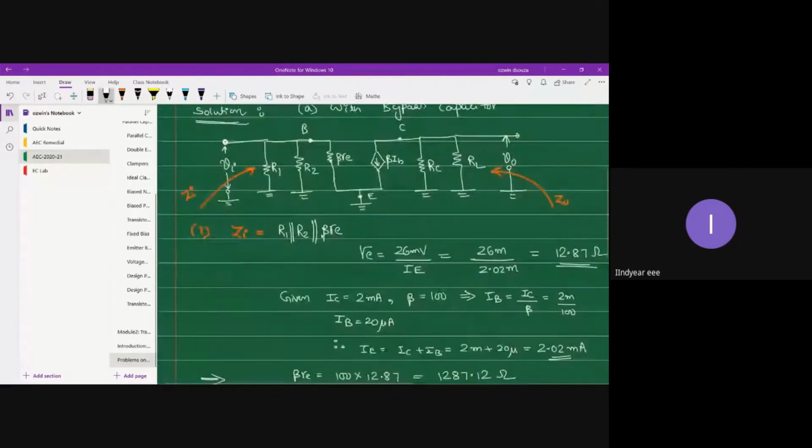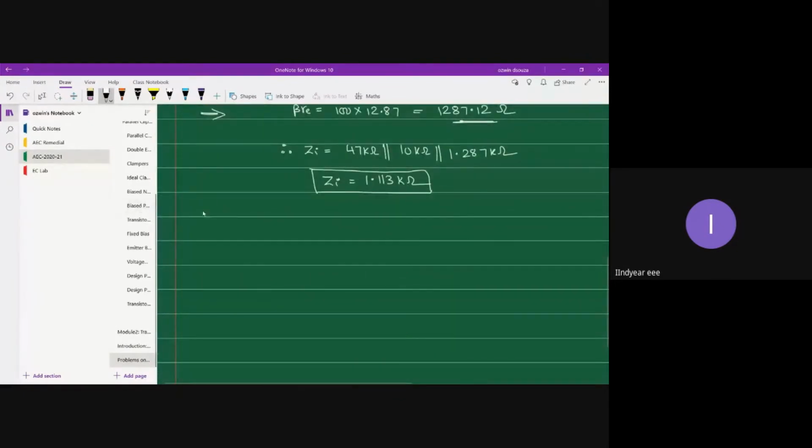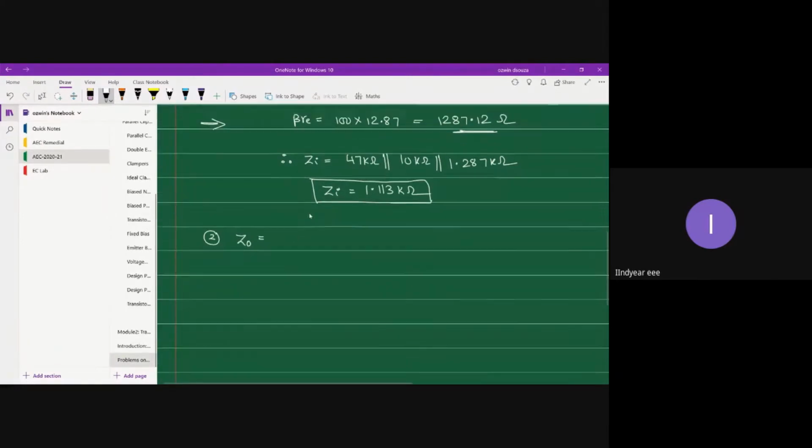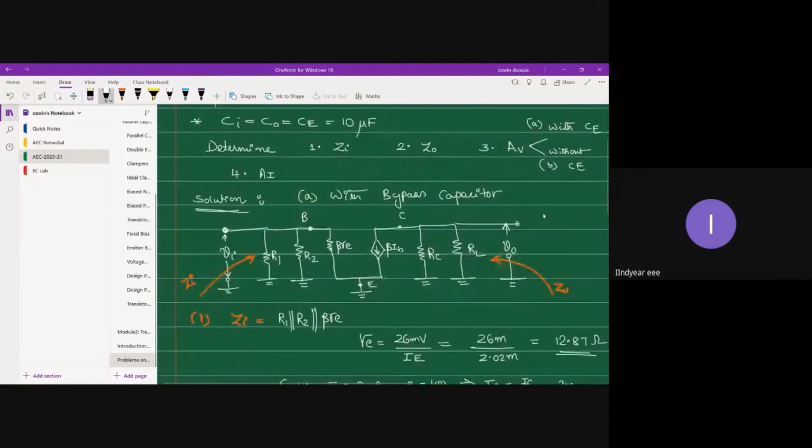Now let's go to the second part, the output impedance Z0. Okay, so output impedance Z0 is the impedance observed from the output terminal. So when you look into the circuit from the output side, you see that between collector and ground, two resistors are coming in parallel, and those two resistors are RC and RL.